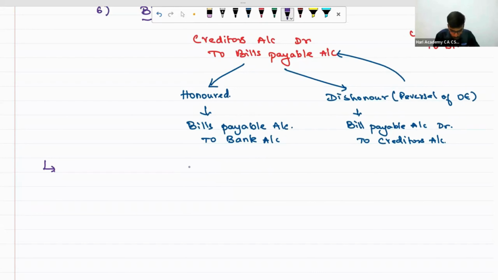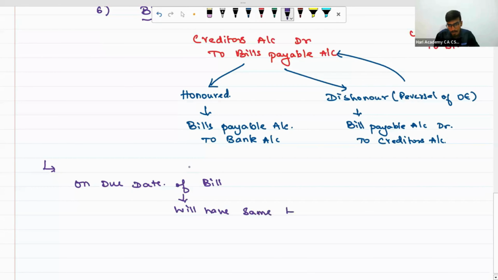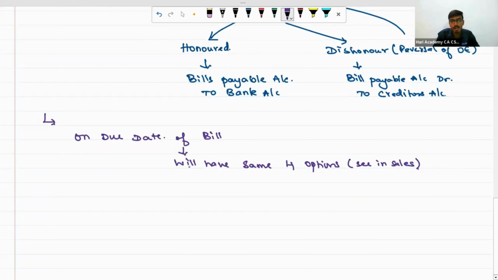Here, on the due date of the bill, we will have the same four options which we see in sales transactions. One is held till maturity.